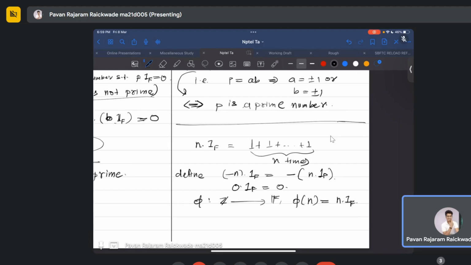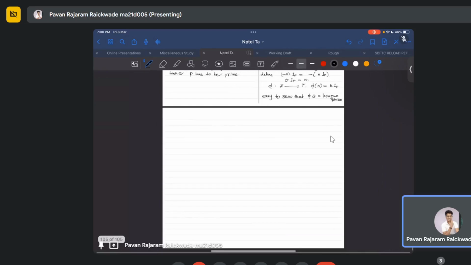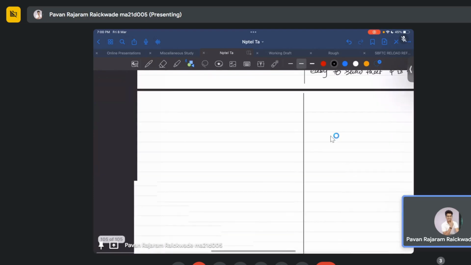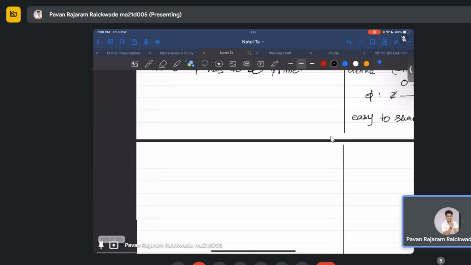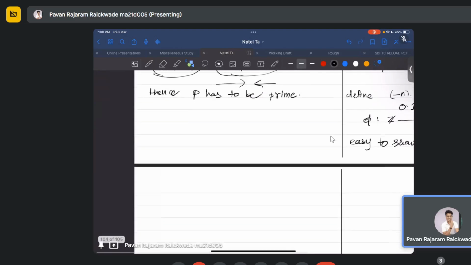It is easy to show that it is a homomorphism. So now since phi is a homomorphism, what do you have?